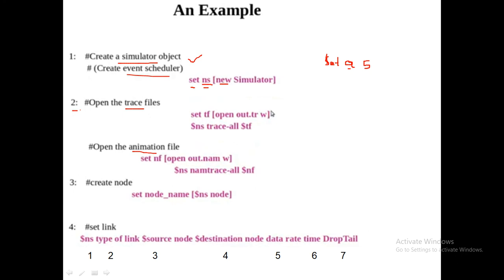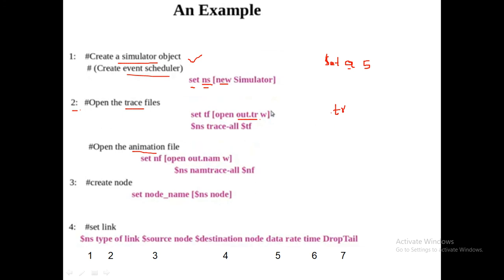You want to open this trace file. What name are you giving it? out.tr. The trace file extension is always .tr. Any name you can give, but to be simple we are giving just out.tr.